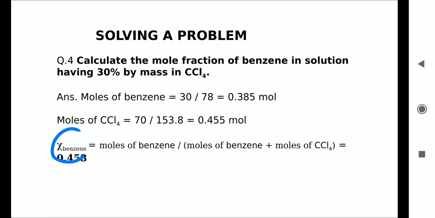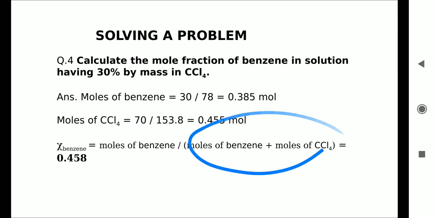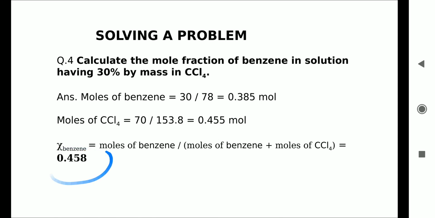Now the mole fraction can be easily calculated, that is equal to moles of benzene divided by moles of benzene plus moles of CCl4, and that will come out to be 0.458. So now you can easily solve for the mole fraction of CCl4 also. Simply subtract it from 1.